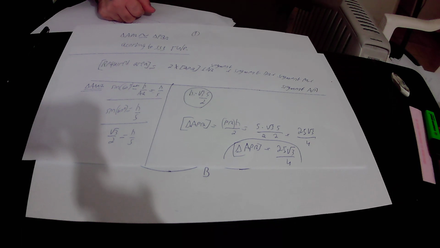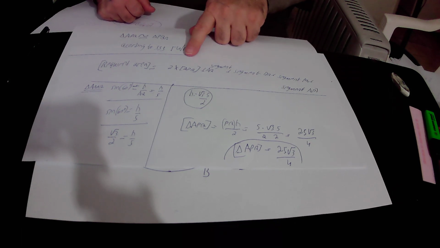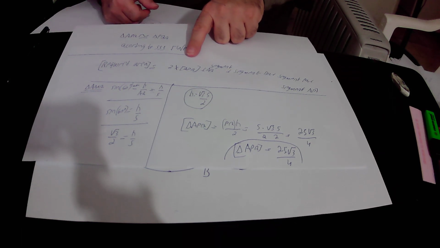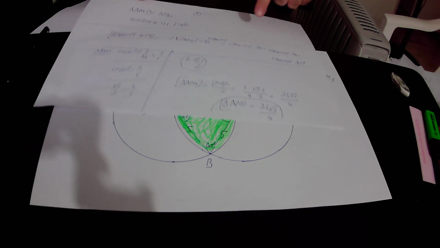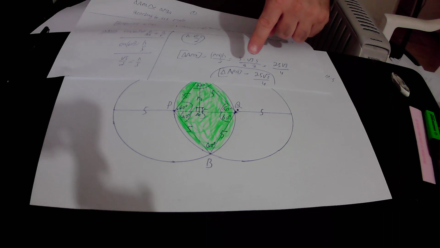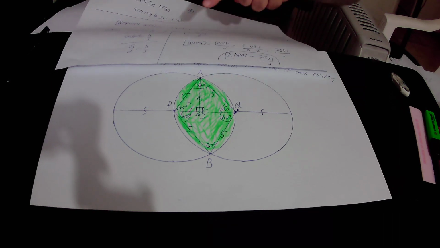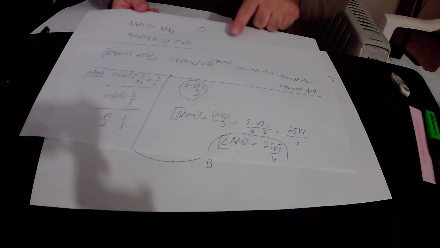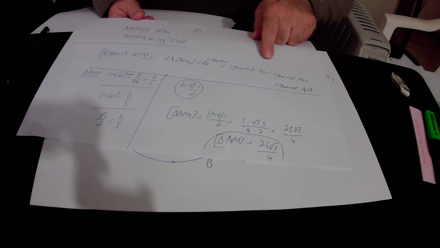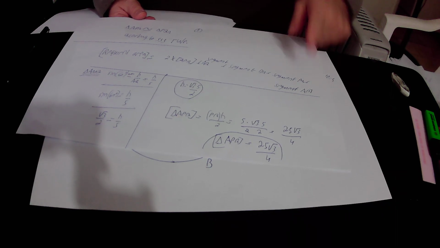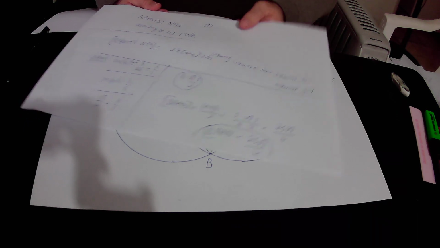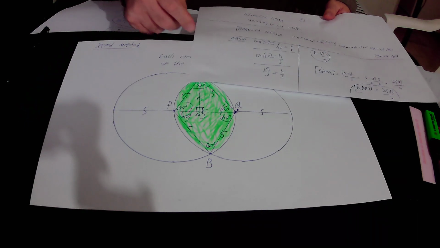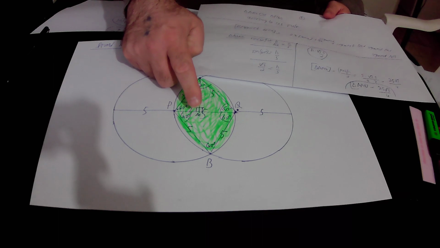Because they have the same areas, the required area will be equal to 2 times the area of the equilateral triangle APQ plus the sum of the areas of the four segments, segment AQ plus segment BQ plus segment PB plus segment AP.